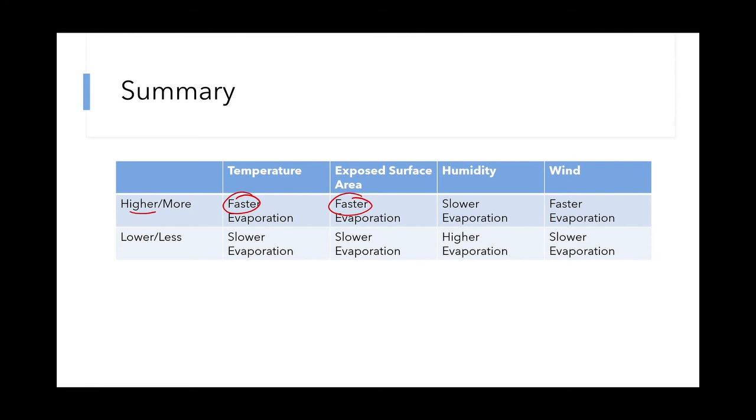When the wind is more, the evaporation is faster. Everything is higher, faster. Only humidity is the special one. When the humidity is high, evaporation is slower. So everything is faster when it is higher, but only humidity is slower. So that's a simple way to memorize it.